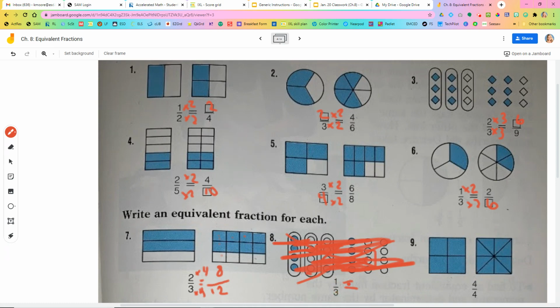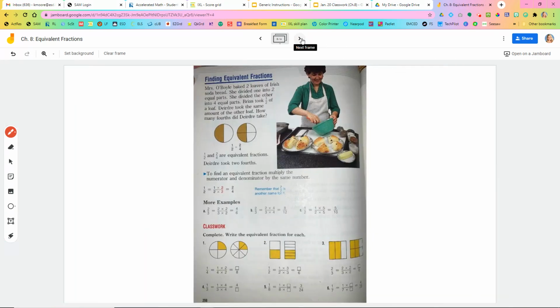So I could say 1 times 2 is 2, 3 times 2 is 6. Or I could say 1 times 3 is 3, 3 times 3 is 9. Or 1 times 4 is 4, 3 times 4 is 12. You could keep going. As long as you multiply that numerator and denominator by the same number, they will all be equivalent.